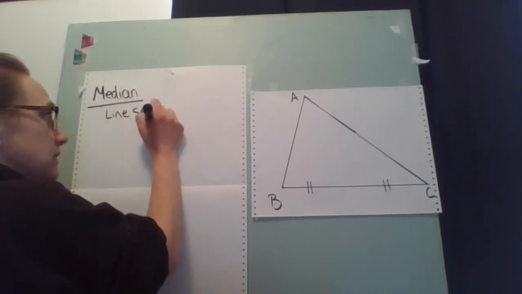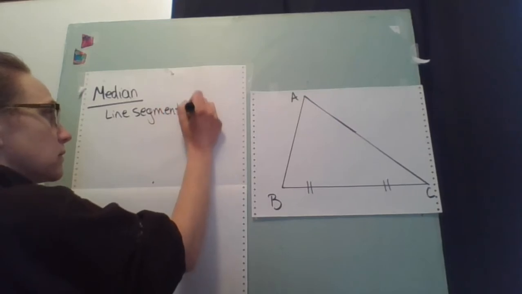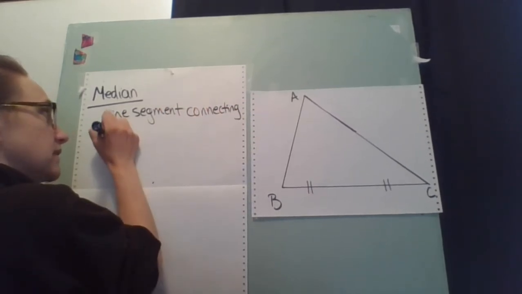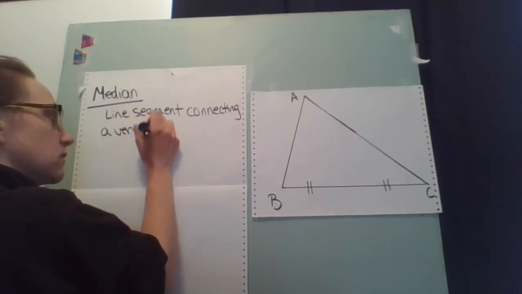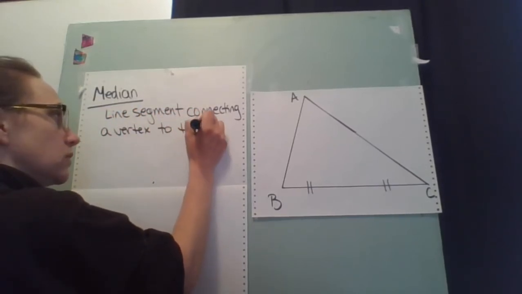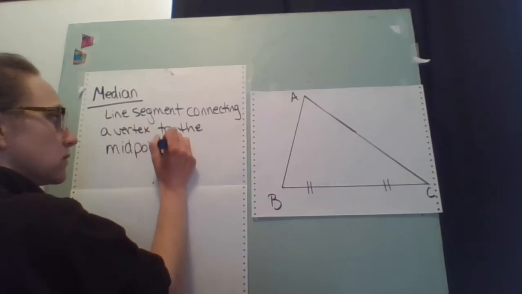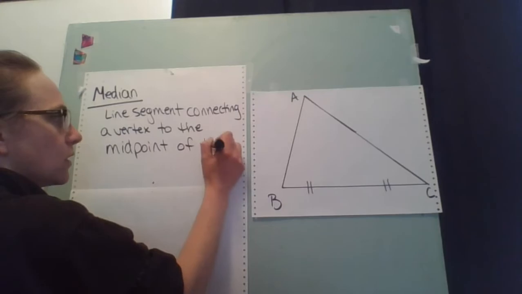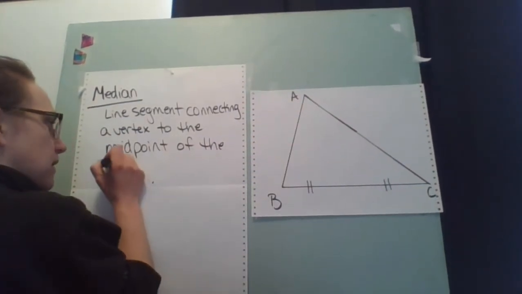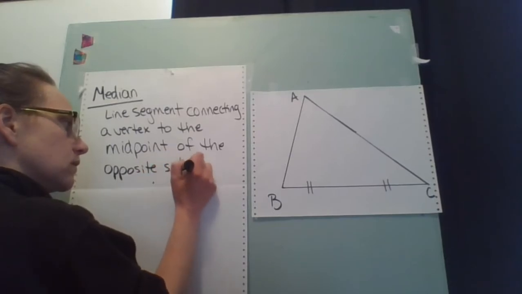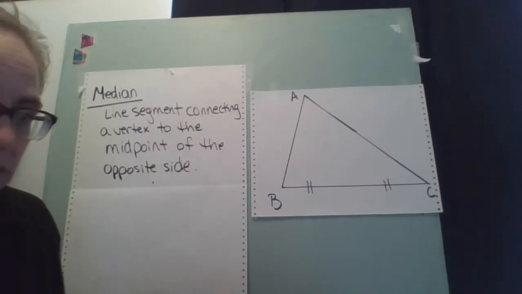So that's a line segment connecting a vertex to the midpoint of the opposite side. Okay, so we got to measure that out.